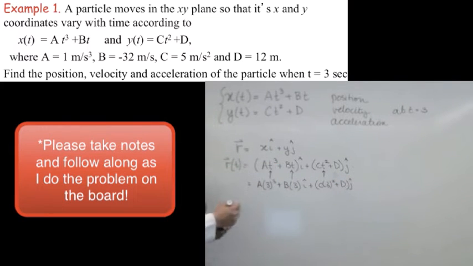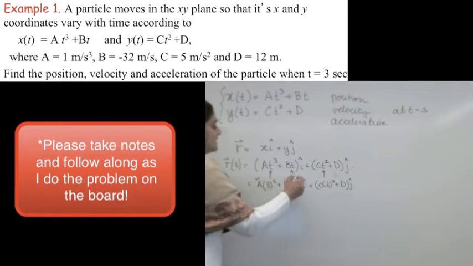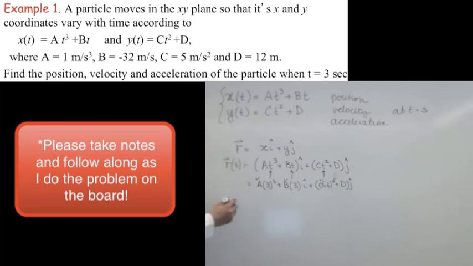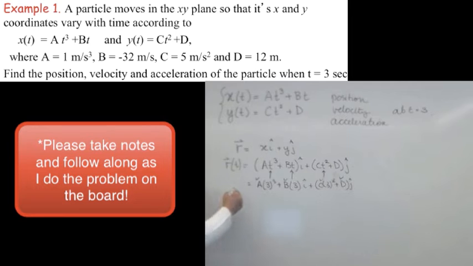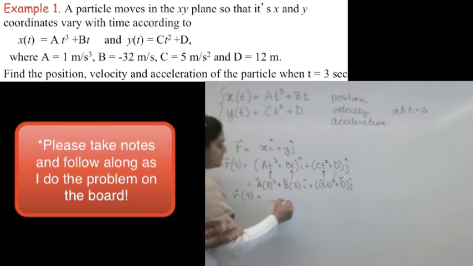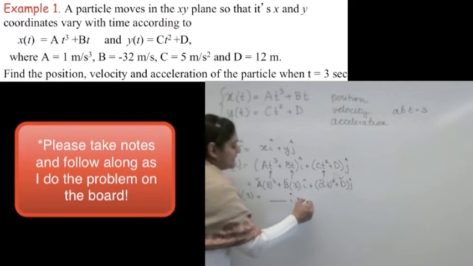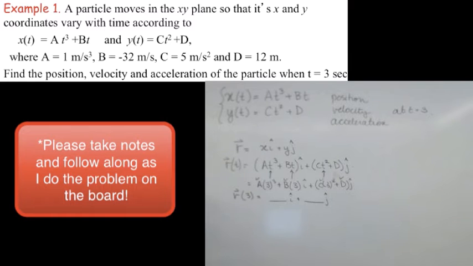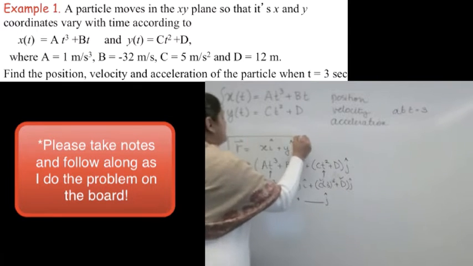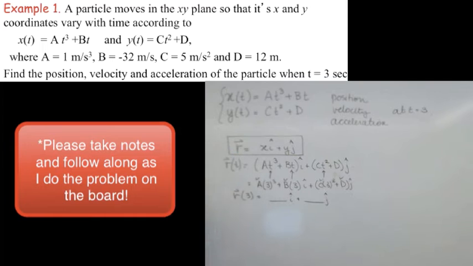It also gives me the values of a, b, c, and d, which I can plug in. Which means that r at 3 seconds is going to be blank i plus blank j. I'm going to leave these blanks up to you to fill in. So now this is going to be my equation for r.